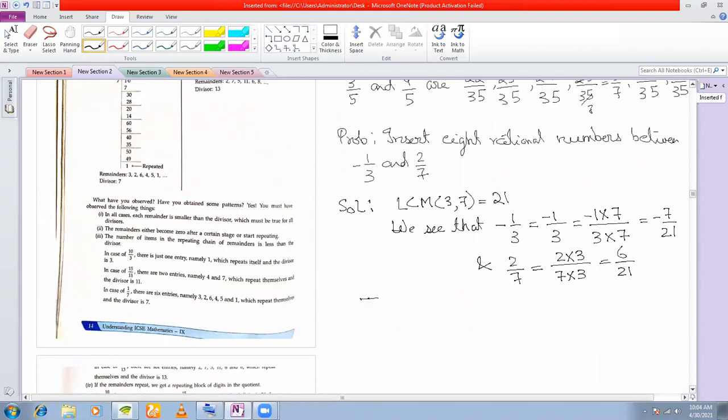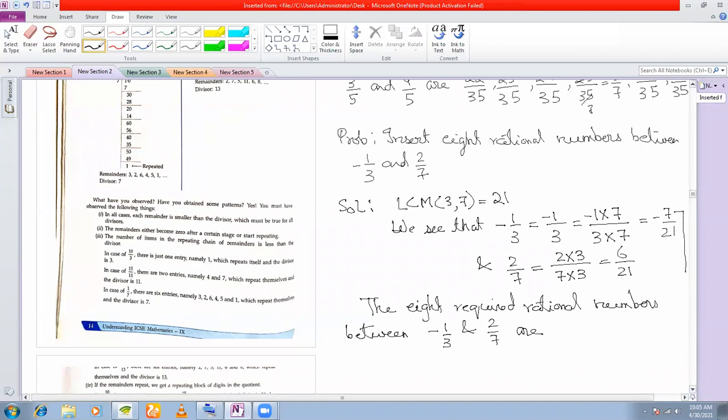So what are the rational numbers? The 8 required rational numbers between minus 1/3 and 2 by 7 are as follows. How many numbers are there?